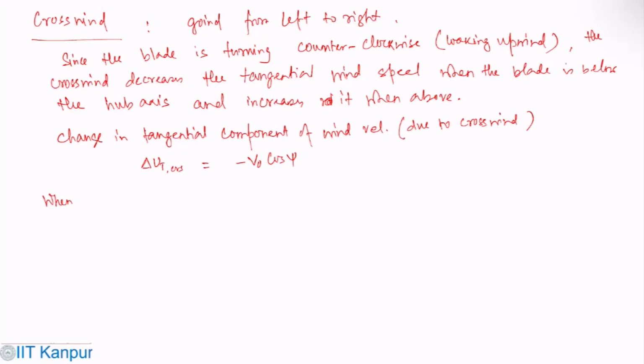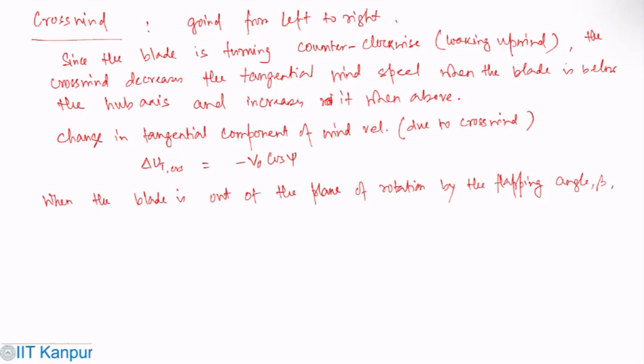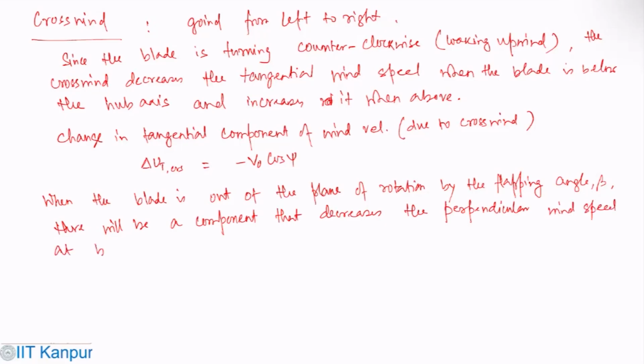Now, when the blade is out of the plane of rotation by the flapping angle beta, there will be a component that decreases the perpendicular wind speed at blade.